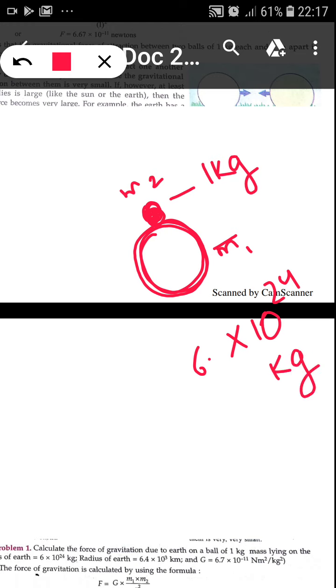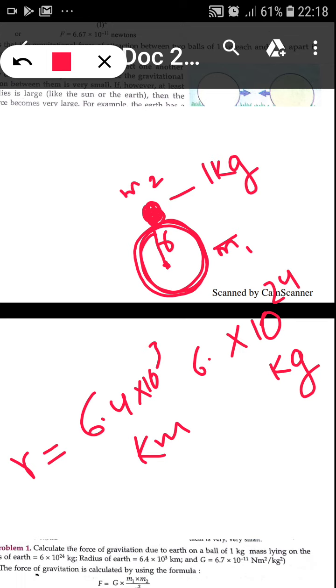The distance between the two objects is the distance between the center of the earth and the object. Since the ball is on the surface, it will be the radius of the earth. So the value of r will be the radius of the earth, which is 6.4 into 10 to the power 3 kilometers.